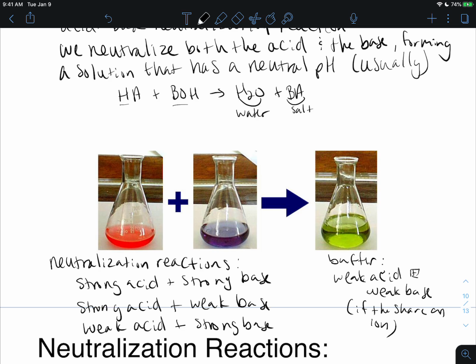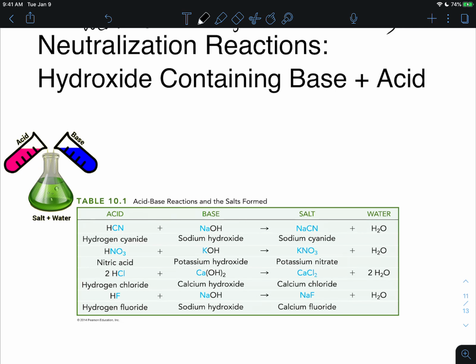Otherwise, they don't really do anything at all. Okay, so the most common is going to be strong acid, strong base.